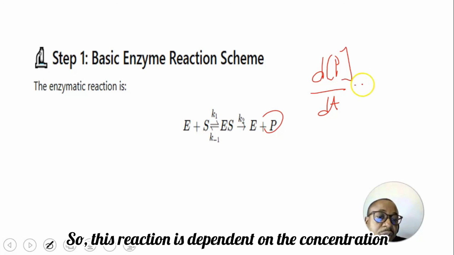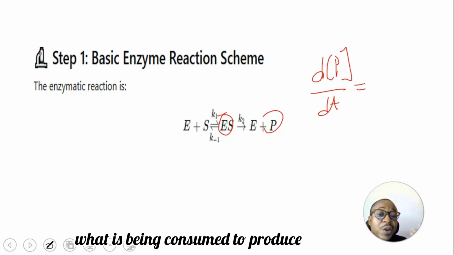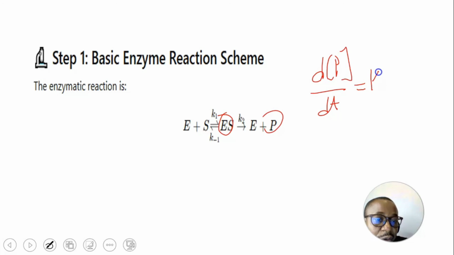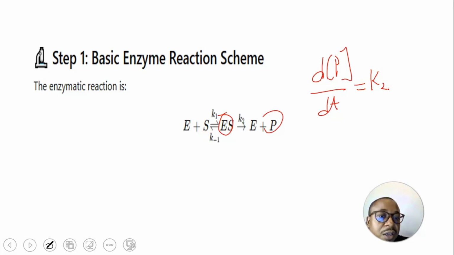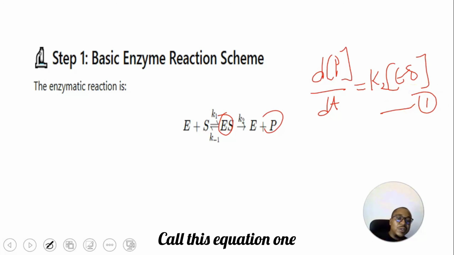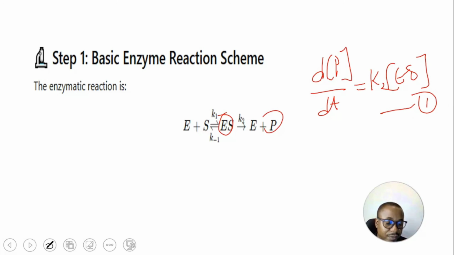So this reaction is dependent on the concentration of the reactant. What is the reactant? ES, because ES is what is being consumed to produce the product. So we say K2, which is the rate constant of that particular step, times the concentration of ES. Call this equation 1. Don't forget, I will still come back to this equation 1.